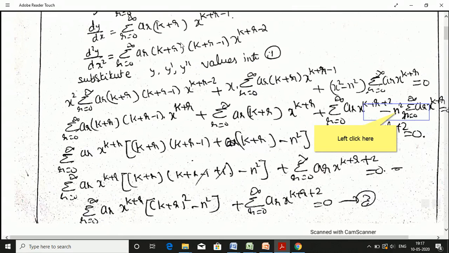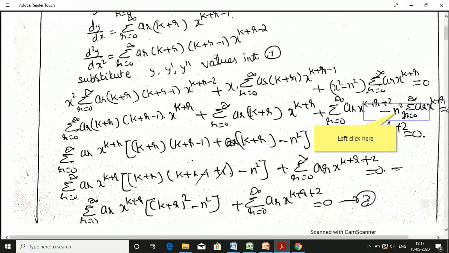If I take x inside, a r into (k plus r) into x to the power of k plus r minus 1, x power 1 becomes x to the power of k plus r, plus. If I take x squared inside, x squared into this is sigma r equal to 0 to infinity a r x to the power of k plus r plus 2, plus minus n squared into sigma r equal to 0 to infinity a r x to the power of k plus r equal to 0.